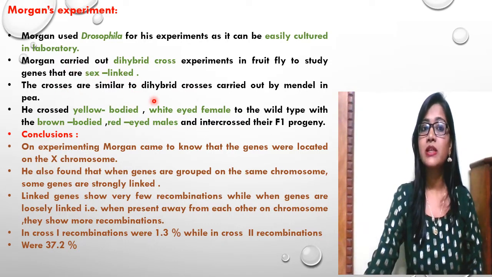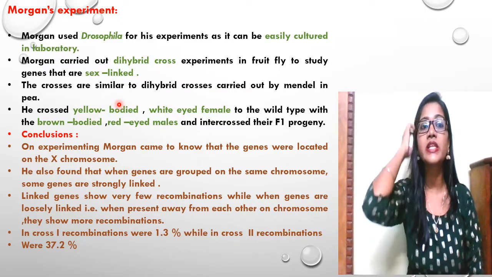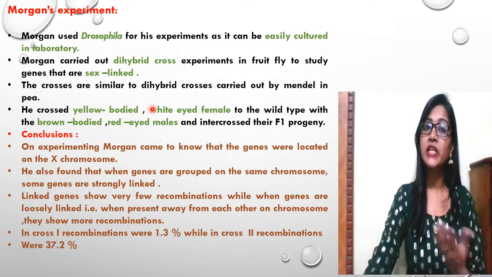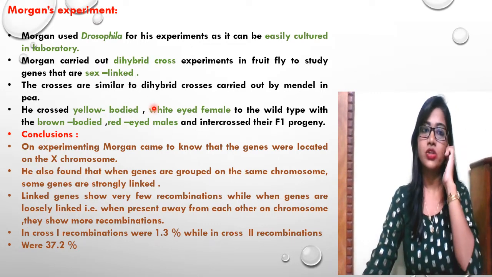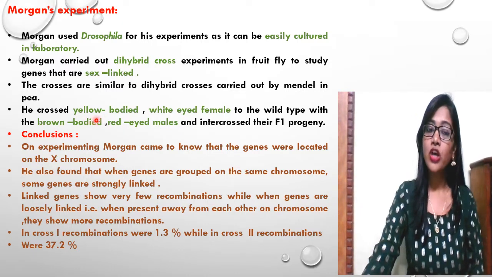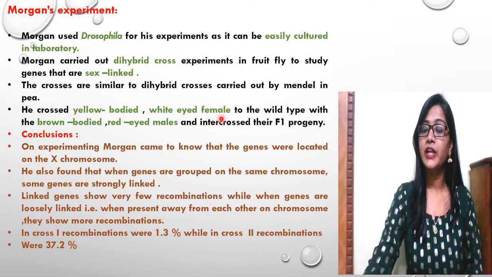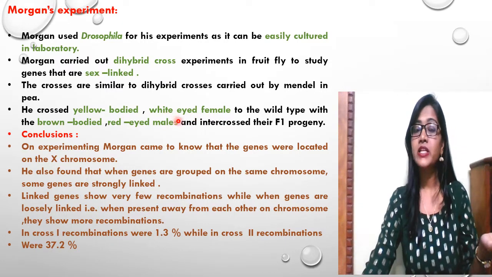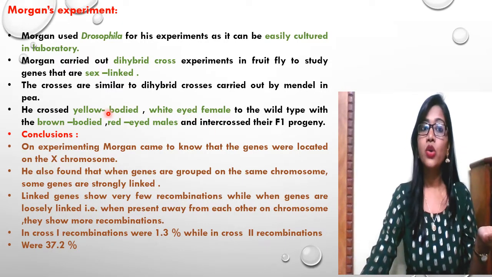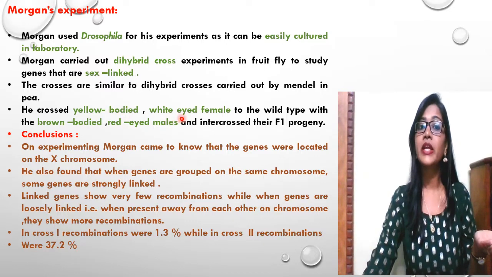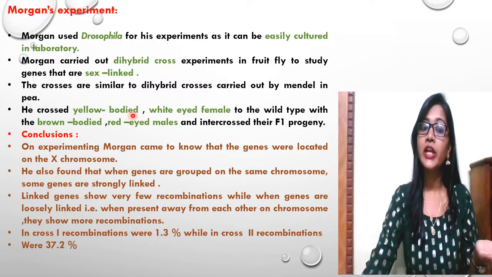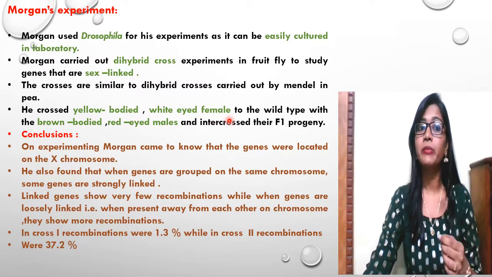The crosses are similar to the dihybrid crosses carried out by Mendel in the pea. He crossed a yellow-bodied, white-eyed female. Now see, these are the two characteristics. In Mendel's dihybrid cross, if you remember, it was yellow round and green wrinkled. Here, the females have white eyes and a yellow body, and they were crossed to the wild type males with red eyes and a brown body.